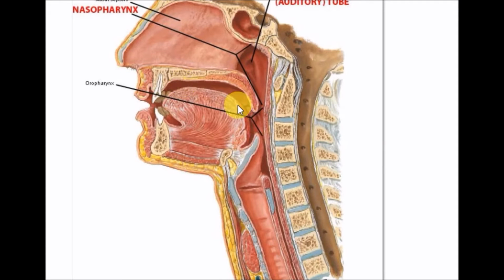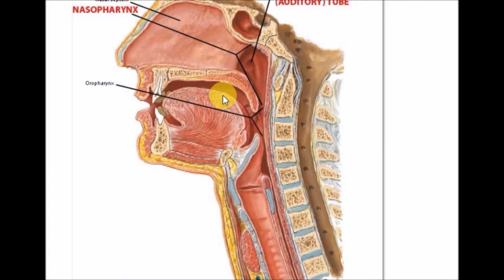The food and drink coming from the mouth will also go to the oropharynx. And then you will go down. If this is air, you want it to enter the larynx and the trachea. If this is food, you want it to go to the laryngopharynx and then to the esophagus.